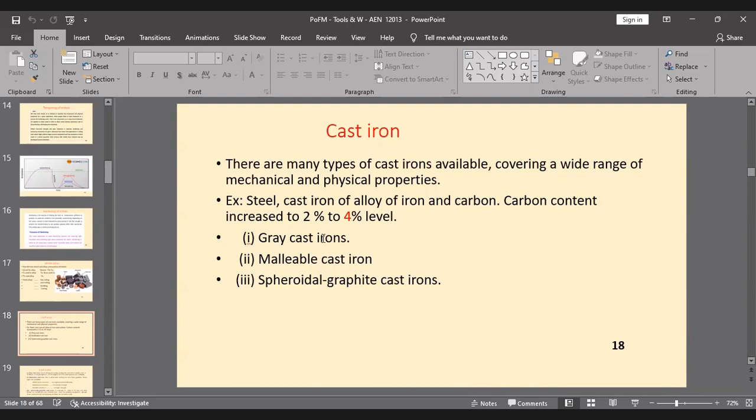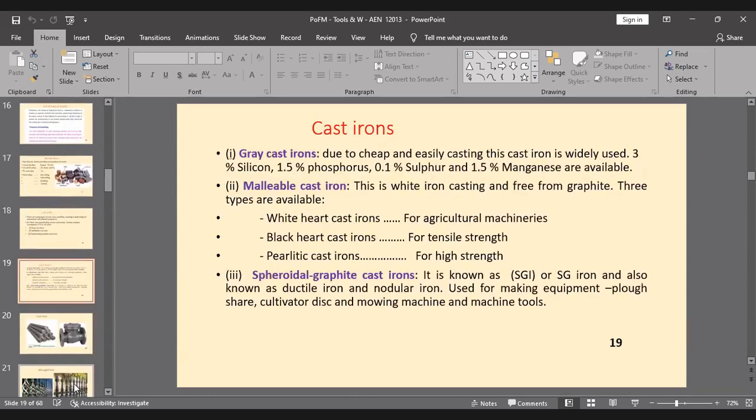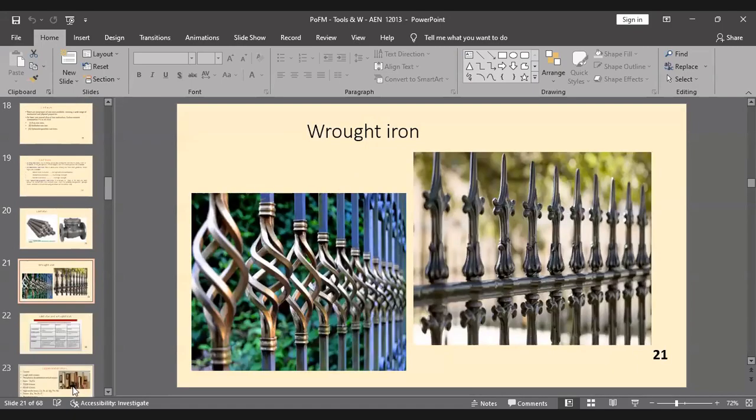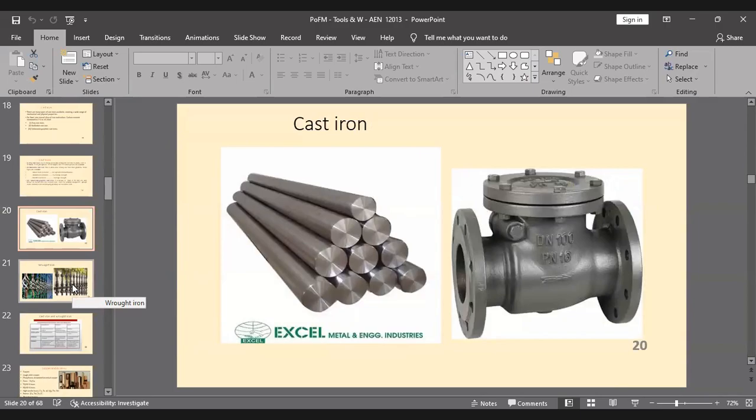So today is the introduction lecture for our workshop practices. Therefore, I just want to go through this, right? Cast iron, right? Cast iron, wrought iron, cast iron, wrought iron.